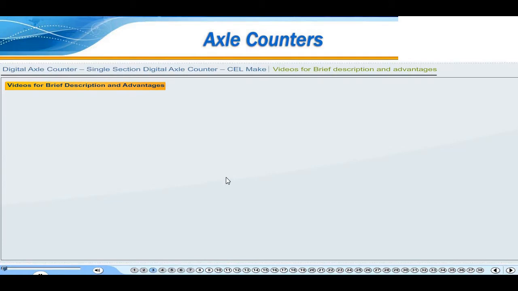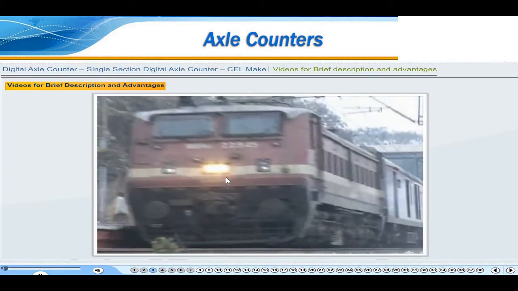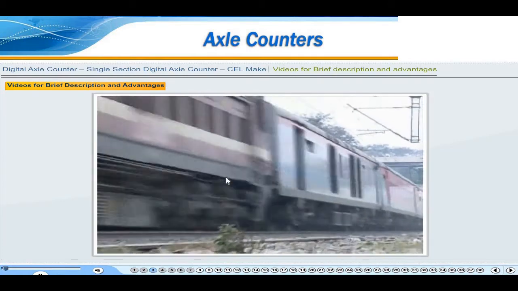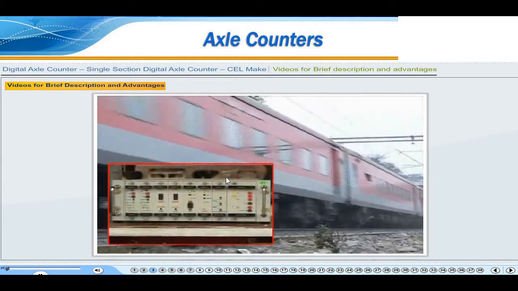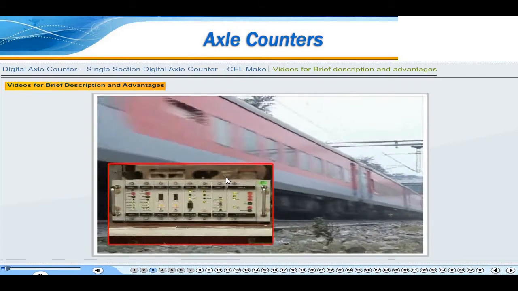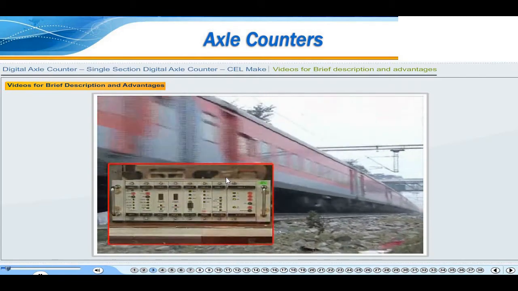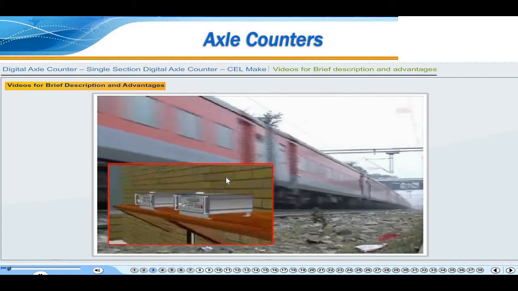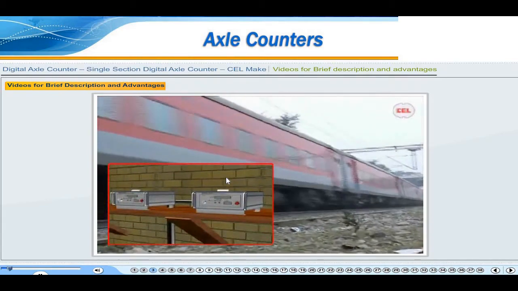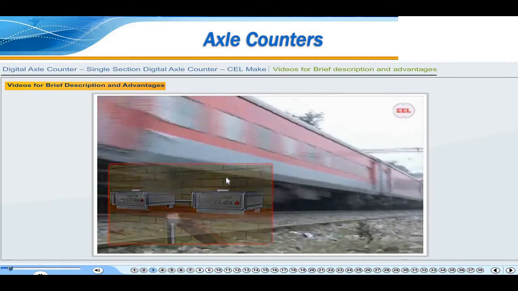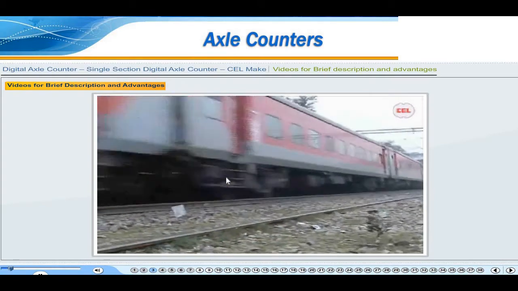Description and advantages. Axle counter is a signaling equipment for use in Indian Railways to monitor the presence of a train on a specified track section. This track section can be platform lines, main lines of a station yard, or a block section between two stations.